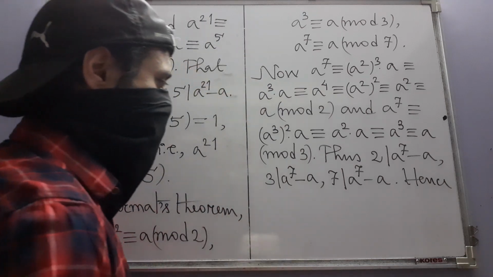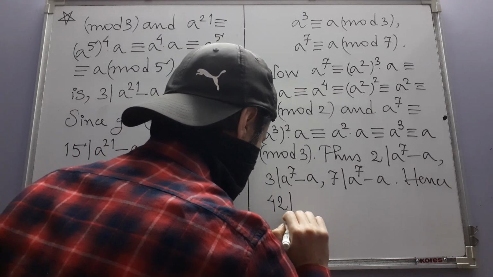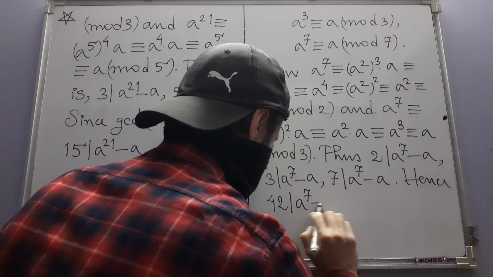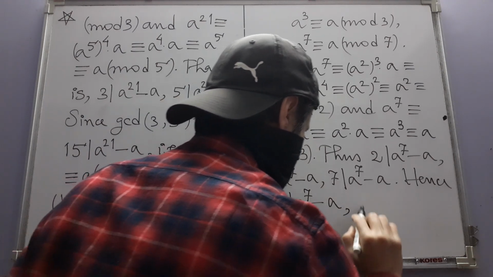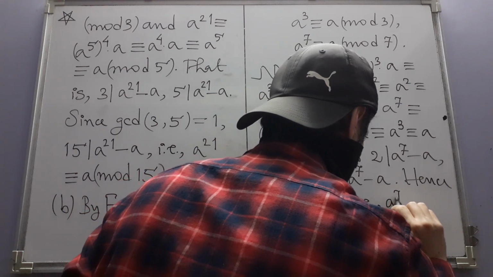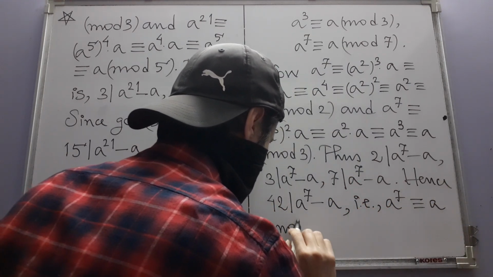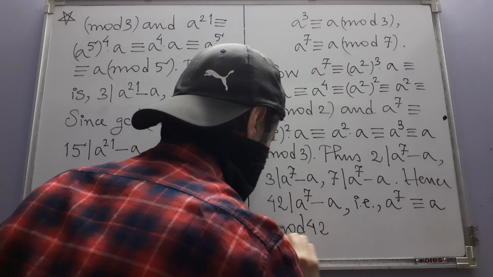And that is why their product, which is 42, also divides a to the power 7 minus a, i.e. a to the power 7 is congruent to a modulo 42.